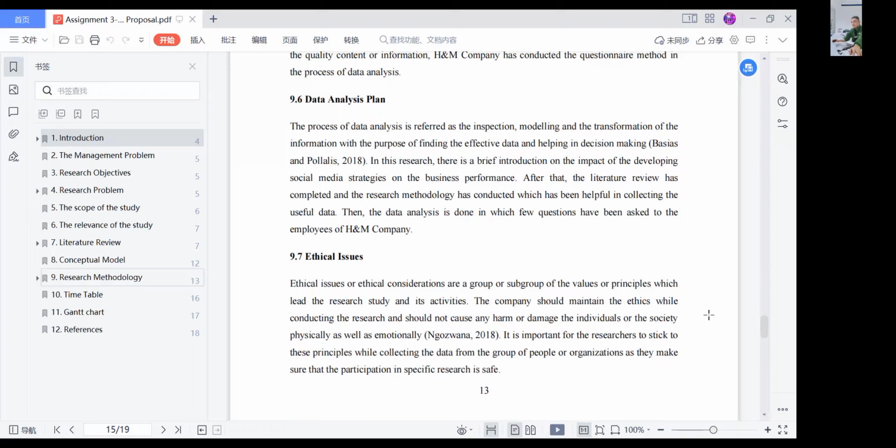And after that, the literature review has been completed and the research methodology has been conducted, which has been helpful in collecting the useful data. Then the data analysis is done, in which a few questions have been asked to the employees of HM company.